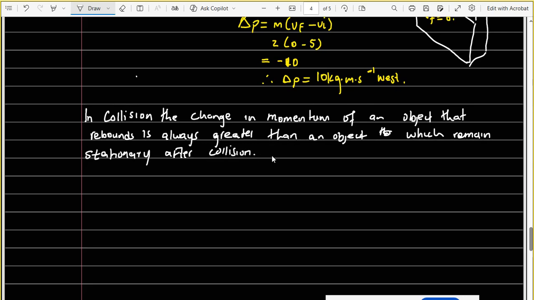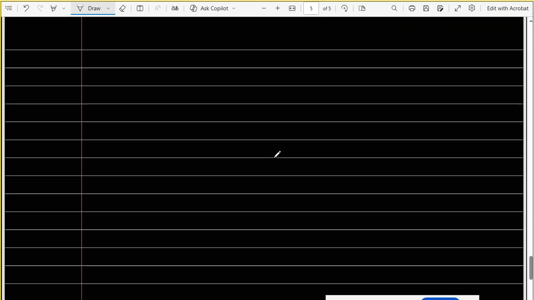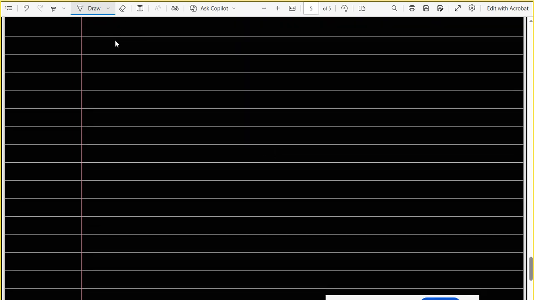Okay, now that you understand this concept, I think we can dive into impulse. Impulse is the product of the net force and the contact time. So the formula for impulse is F net multiplied by delta t, which is equal to the change in p.